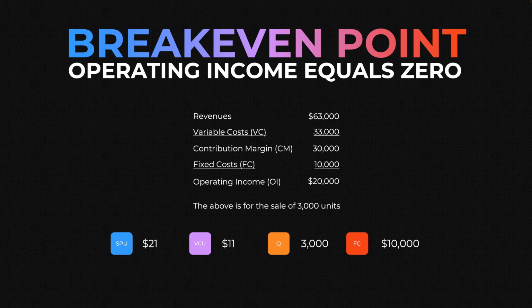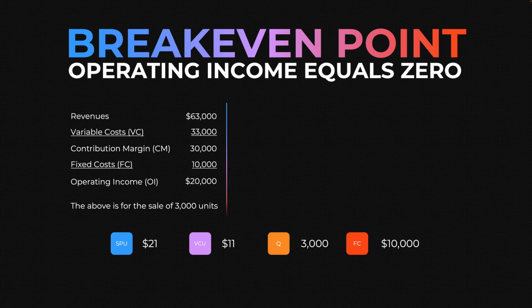How do we go from here to figuring out the break-even quantity or the break-even point for this particular scenario? Well, we can go ahead and bring in that equation we were working on earlier. The break-even quantity is equal to the fixed costs divided by the contribution margin per unit. Let's just put our numbers right onto the equation. Fixed costs will equal $10,000.